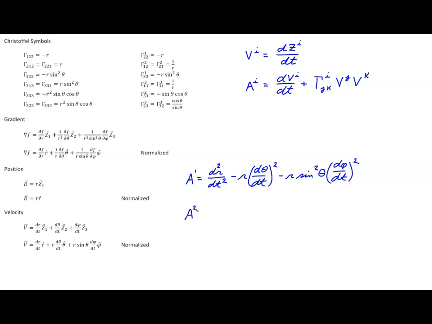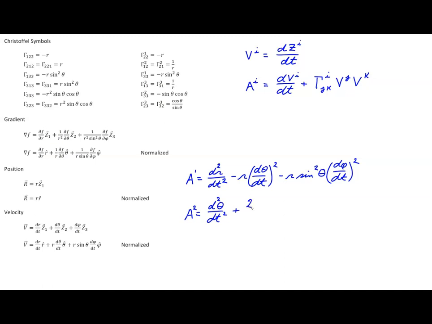a2 is dv2 dt. Well, that's the second derivative of theta with respect to t. And then terms for each gamma value of 2 in the upper position, and there are 3 of them, 2 here and 1 here. These 2 are equivalent because we can flip the order of the indexes. So we'll make this 2 times gamma 2, 1, 2.